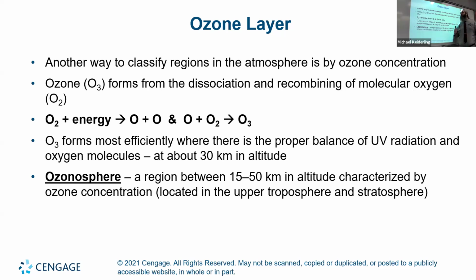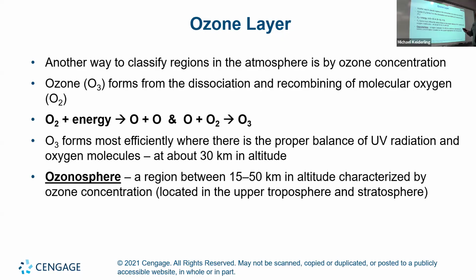O3 forms from the dissociation and recombining of molecular oxygen, O2. So oxygen plus energy: your O2 can be split apart by some energy, from ultraviolet light, into two oxygens, and then one of those free radicals can combine with an O2 to form an O3.